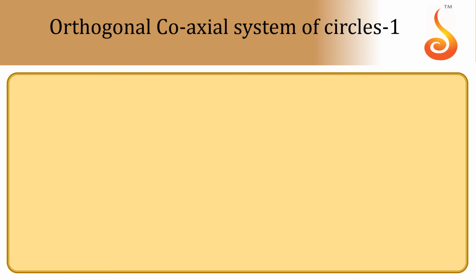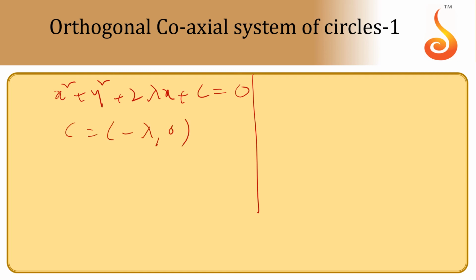Suppose you take x square plus y square plus 2 lambda x plus c equal to 0. So what is the center? Minus lambda comma 0. Radius under root of lambda square minus c. Limiting points of this coaxial system will be where lambda square minus c equal to 0.